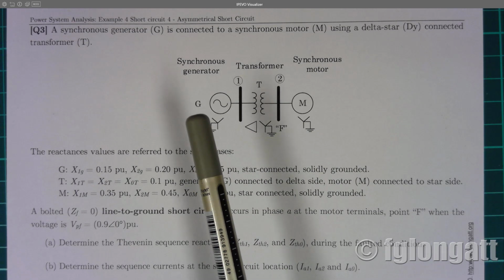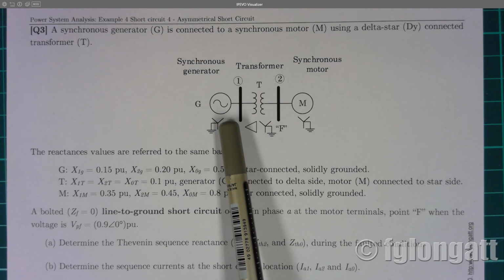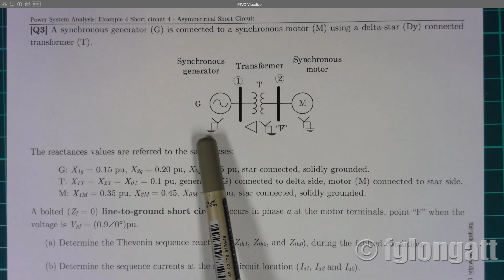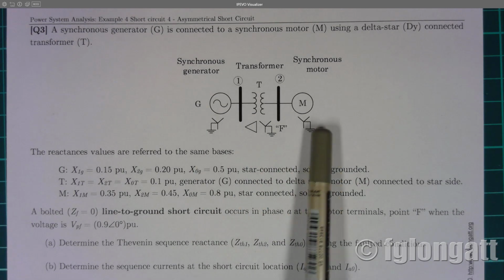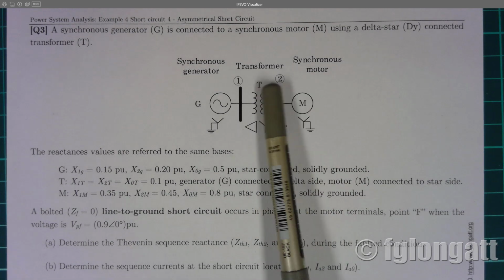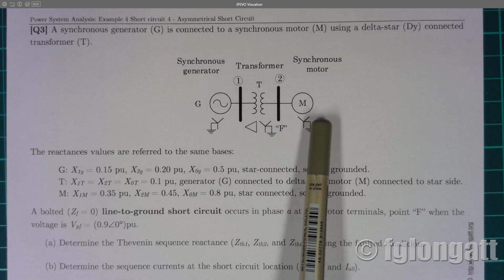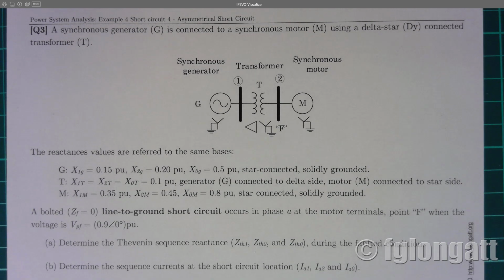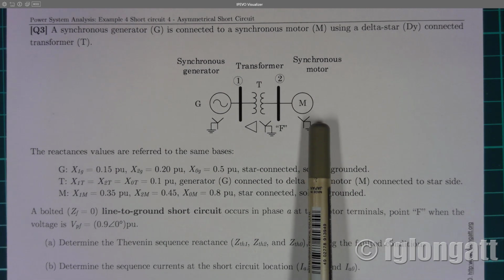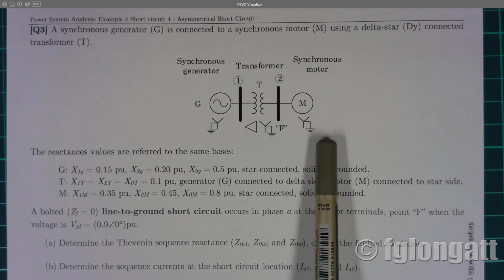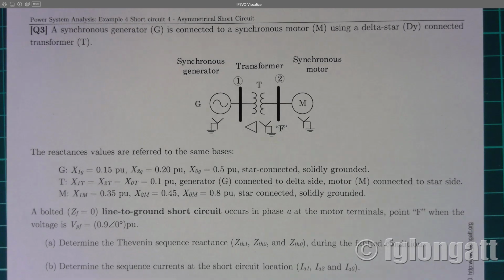That means the impedance between the neutral point of the star and the ground is 0. On the other hand, here on the right-hand side, we have a classical synchronous motor with a classical star connection. But in this case, the neutral point of this star connection is going to ground by using a 0 impedance, and that is what we call a grounded star connection, okay?